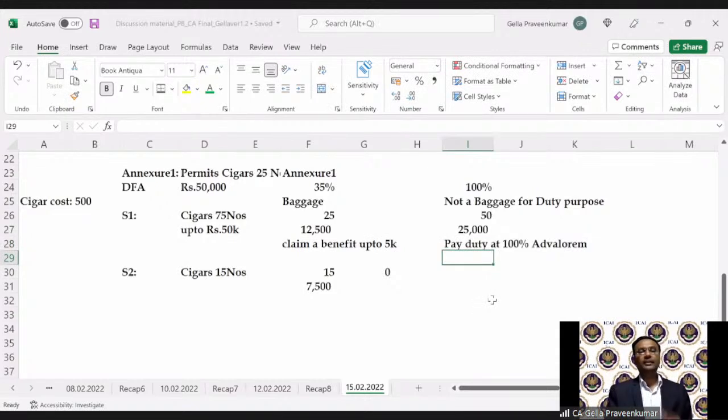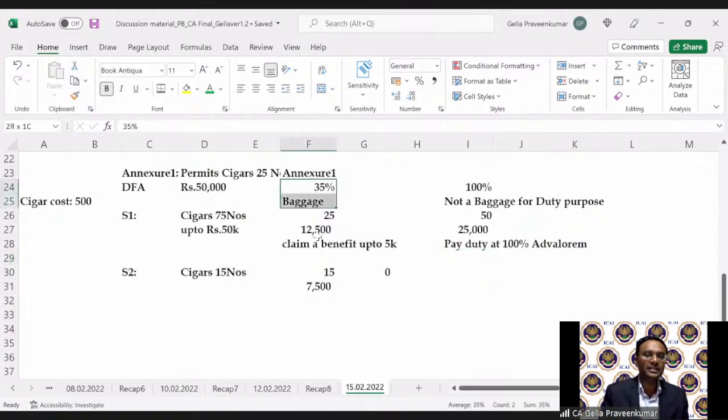Now, when you are bringing some goods into India, they say, look, you are permitted only 25 cigars, which is forming part of baggage. Sir, what if I bring 50? They're not stopping you. You're fond of cigars, so you bring more than whatever you want, but I tax at a regular rate. So if I say baggage, this is the rate.